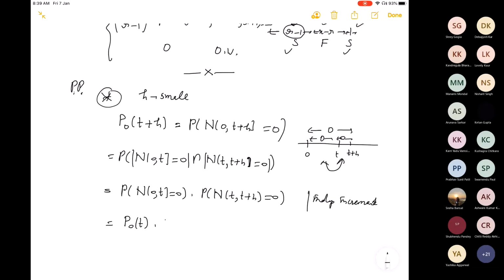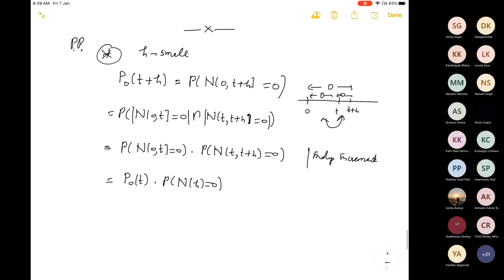And this we can write down as probability N(h) is equal to 0, because of the stationary increment assumption: the distribution depends on the length of the interval. But we know that this is P0h, which we have taken by assumption 1 as 1 minus lambda h plus small oh.